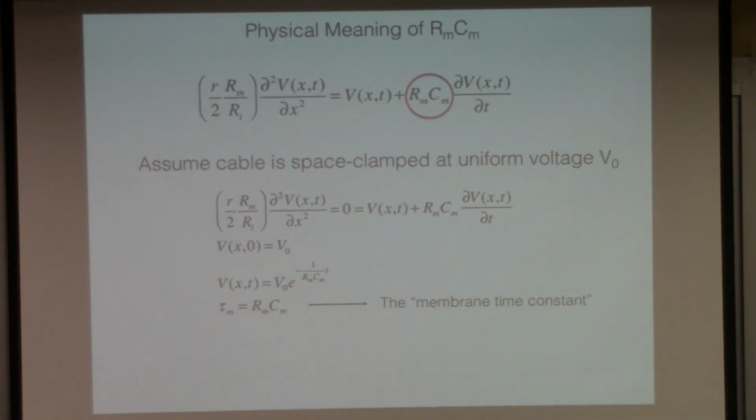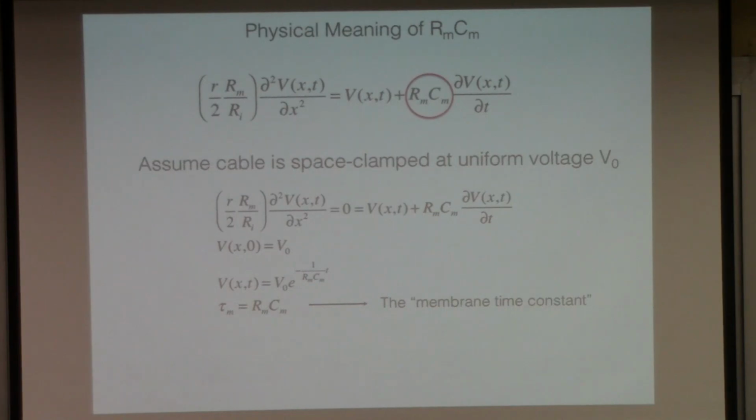That becomes a natural parameter with which to normalize time. So if we now define time as a dimensionless variable, capital T, and let capital T be equal to little t, actual time in whatever its units are, seconds, divided by the product of Rm and Cm, this thing we call the time constant, then time is measured in units of time constants, and it has 0 dimension.